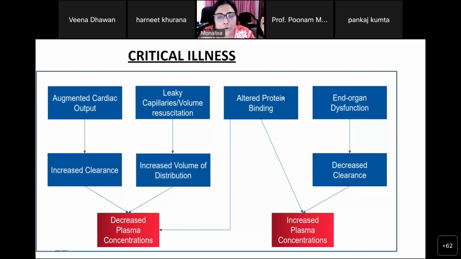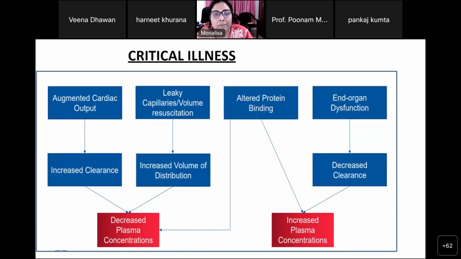There is also a lot of altered protein binding. So what are the two most important proteins which we know of, which are responsible for drug metabolism? One is alpha-1 acid glycoprotein and one is albumin. Now, what happens to albumin in critical illness? It decreases. Why? Because there is increased catabolism and decreased production.